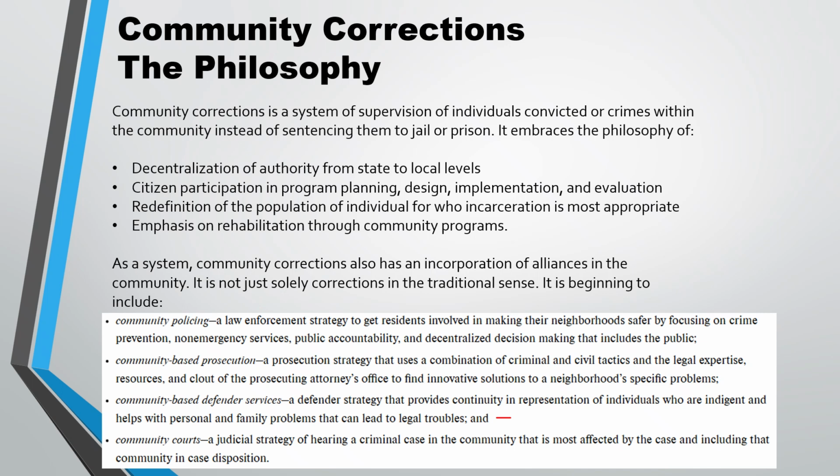It involves intermediate sanctions. It involves parole. It also involves incarceration, but it goes far beyond that scope. And the philosophy is for decentralization of authority from state to local level. So instead of putting them in the state prison, let's keep them at the county level.